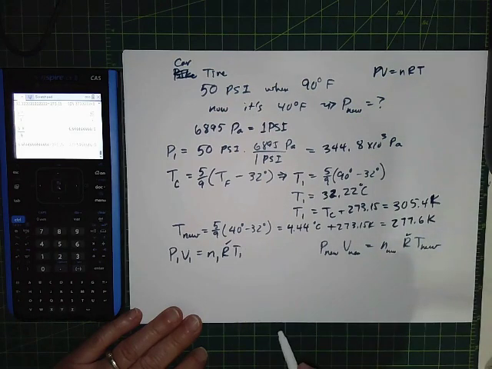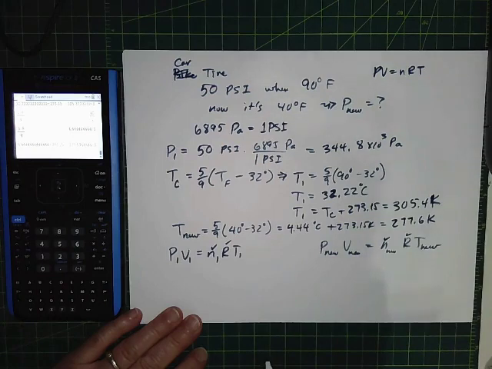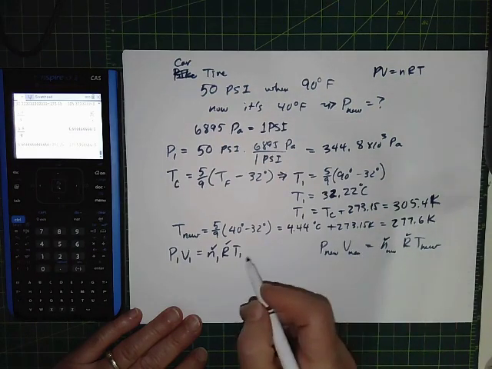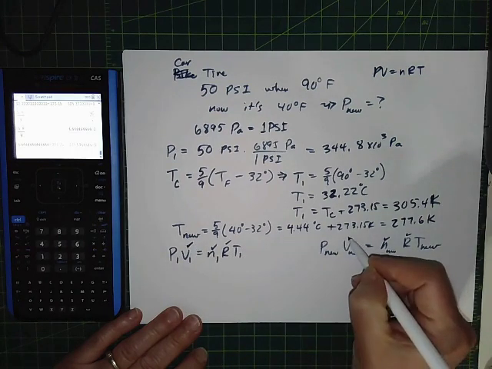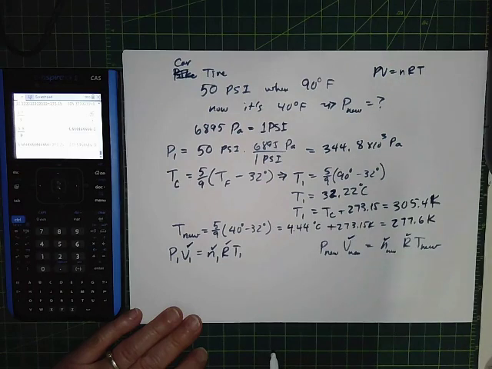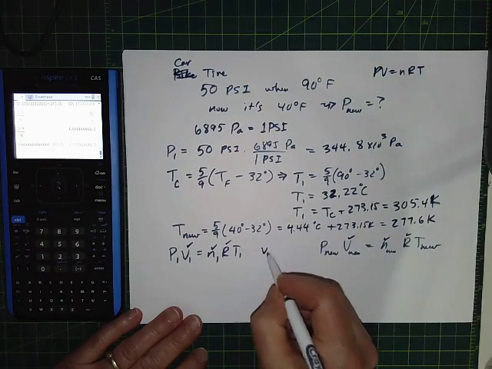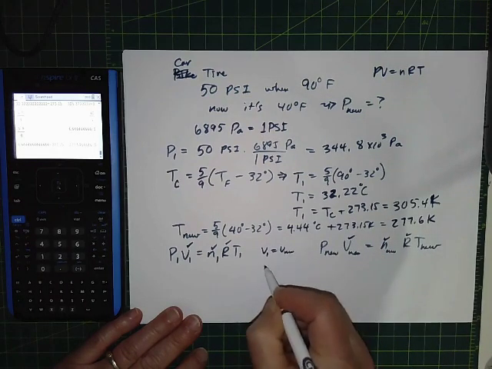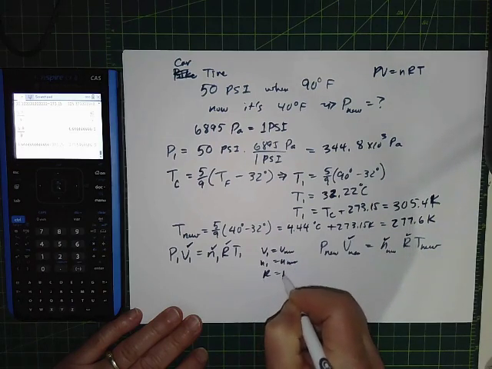We're going to assume the air is in the tires and can't escape, so n is going to stay the same. N1 and n new are equal to each other. We're also going to assume the tires are full, they're not going to be changing size, so the volumes stay the same as well. So those three things are the same from here to here: V1 equals V new, n1 equals n new, and R equals R.